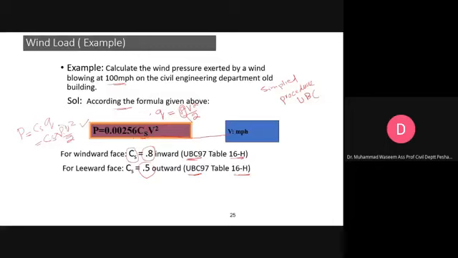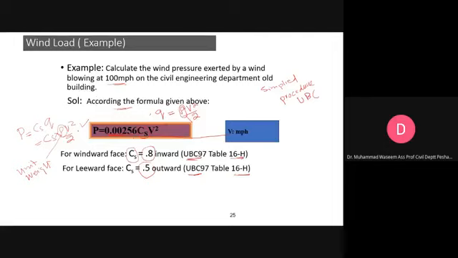If you take the unit weight of the air and plug the unit weight value here, it will come out to be this number. So if you go to the code and, for example, you have to calculate the wind pressure for a velocity of 100 miles per hour, and your civil engineering department is subjected to this pressure.